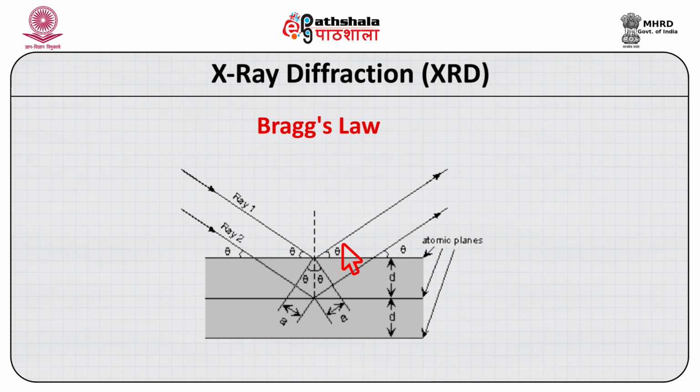So, therefore, a becomes equal to d sin theta, or 2a becomes equal to 2d sin theta, and therefore, we arrive at the relationship, that is n lambda is equal to 2d sin theta, which is known as Bragg's law. Now, if we use in n lambda is equal to 2d sin theta a wavelength of a monochromatic or known X-ray, then we can measure d or the d spacing.